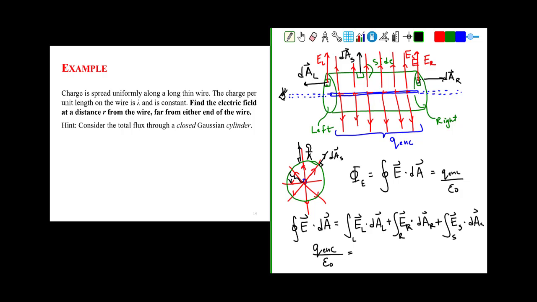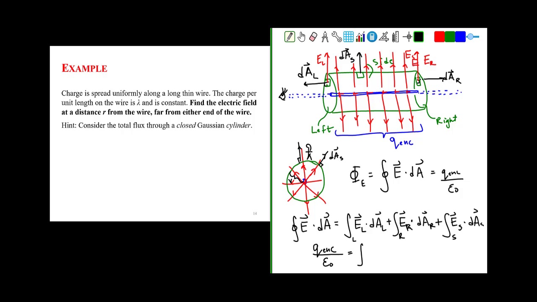Well, let's look at each of these. Remember, the dot product of two vectors that are perpendicular to each other is equal to 0. Well, how do I know that? Well, let's turn to the definition of the dot product.